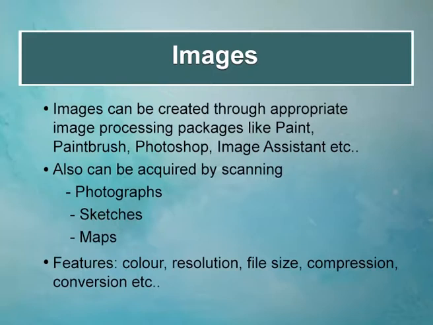Whether that particular .bmp is allowing the compression in order to change the format from .bmp to other kinds of formats in order to upload that file online. So, we have to see various kinds of features before we select the images.